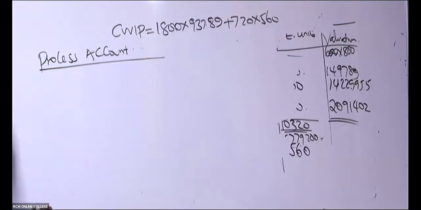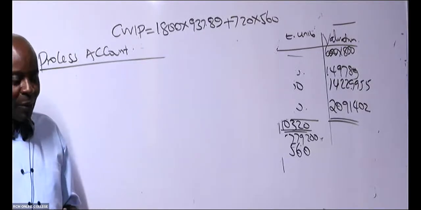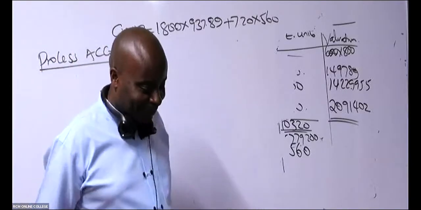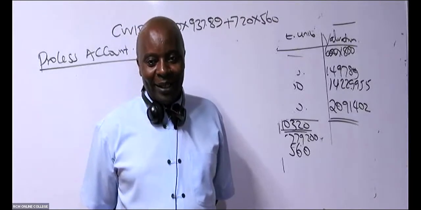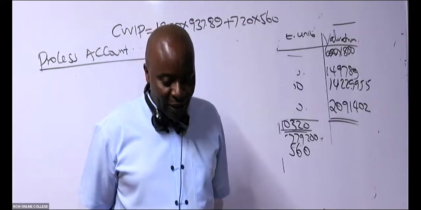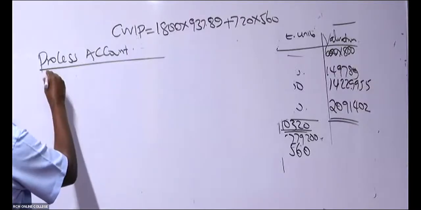So in the process account, do you still remember our column titles? They must have forgotten them. What are our column titles? Description, units, cost per unit, and then what lastly? Value, yes. Thank you so much.